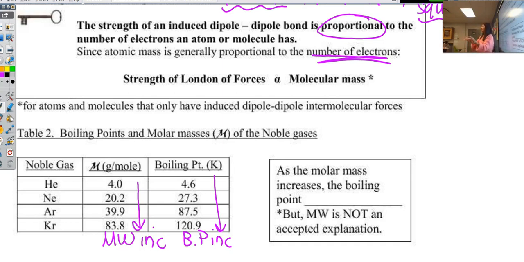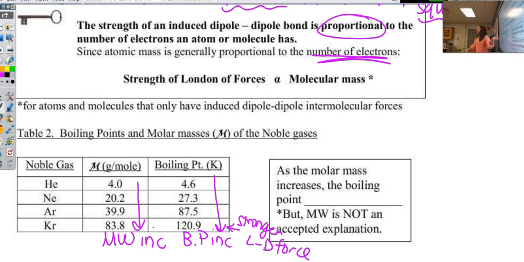And the ones that boil the fastest must have what forces? Weaker or stronger if they boil first? Weaker. You were able to break them apart faster, right? So if you can get them to boil at a lower temperature, if their boiling point's lower, then you know that those actually have weaker forces. So the higher boiling point actually indicates the stronger LD force.